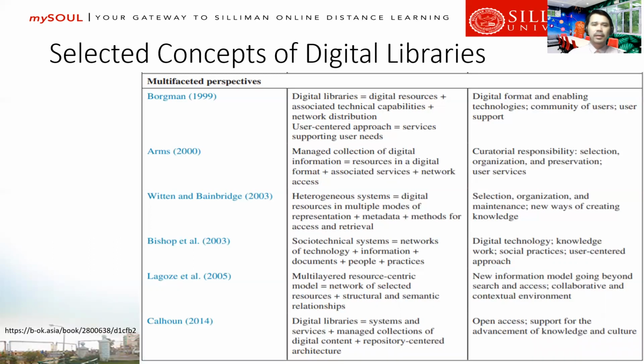Okay, so those are the different concepts. There are many concepts, but what is present today is open accessibility and digital technology, which comprises the selection, organization, maintenance, and access of the content in the digital library.